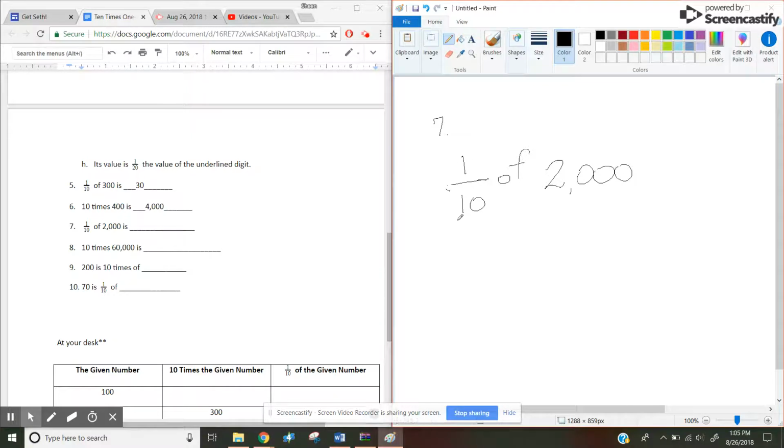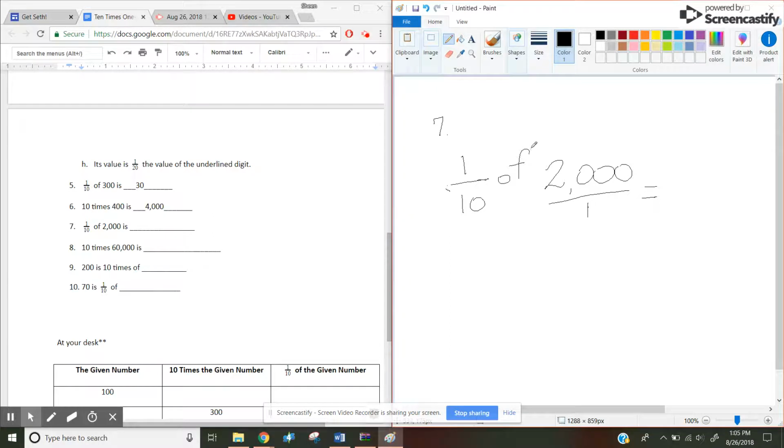I remember when we say 1/10 of, that means we're getting smaller, we're decreasing, we're going down. So 1/10 of 2,000, same thing. I'm trying to match this fraction. So 2,000 divided by 1 is still 2,000, right?